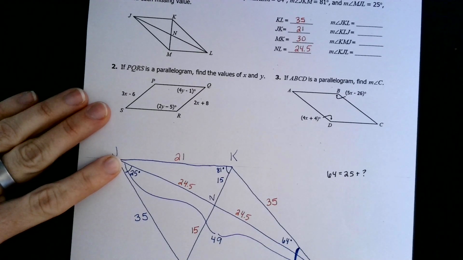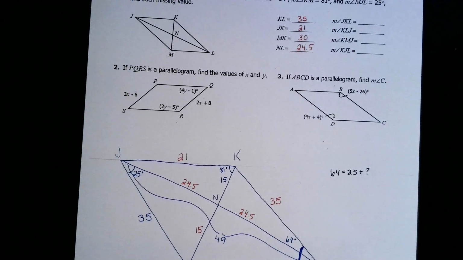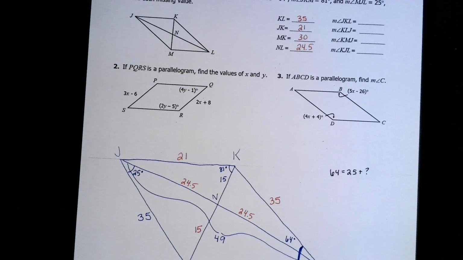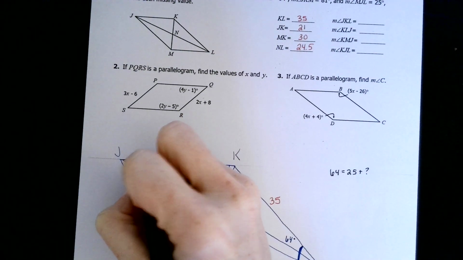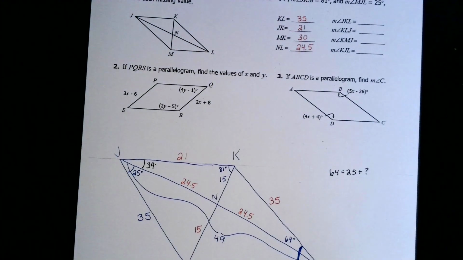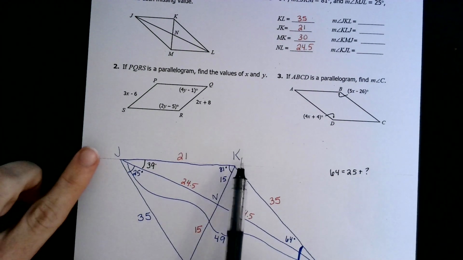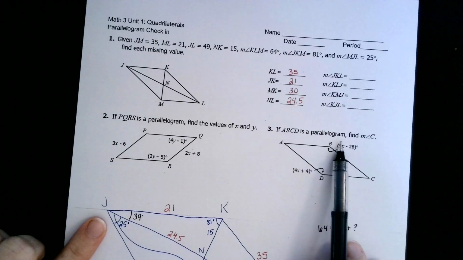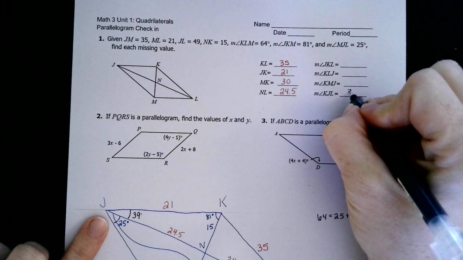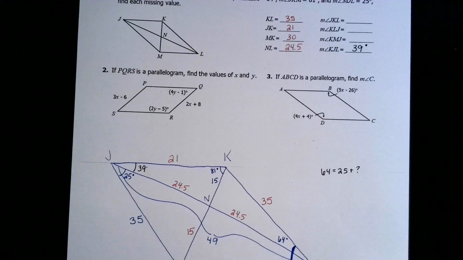So I got to figure out what that something is. So what is 64 minus 25? My brain is not braining this morning. 64 minus 25, this angle is going to be 39 degrees. Is that an angle that we needed? KJL. KJL is one of the angles we needed. KJL is 39 degrees.